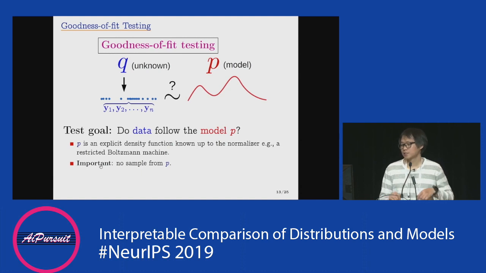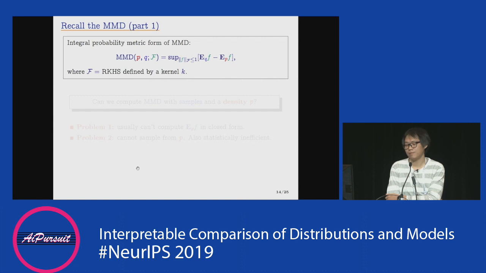Okay, so what can we do under this setting? So recall the IPM form of MMD from part 1, the integral probability metric that you have seen. So what is wrong with this formulation? One difficulty is the second term here, the second expectation.